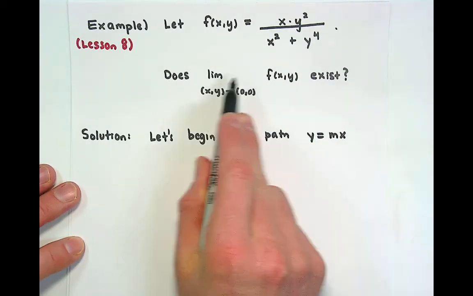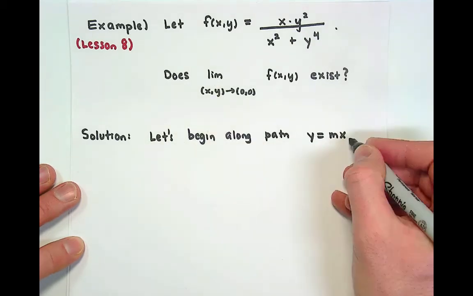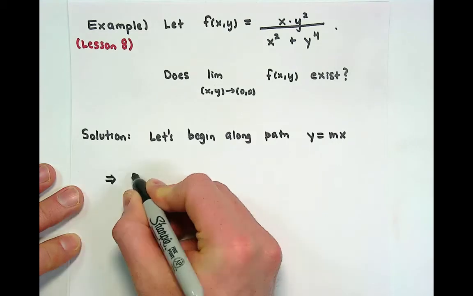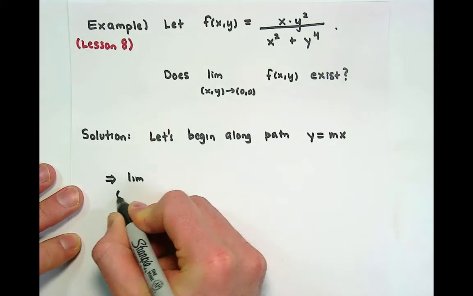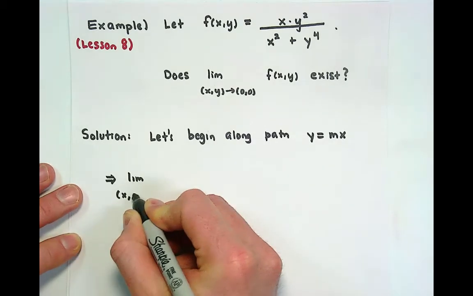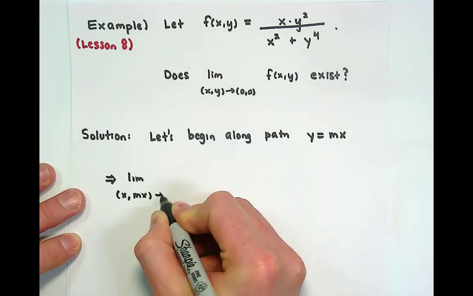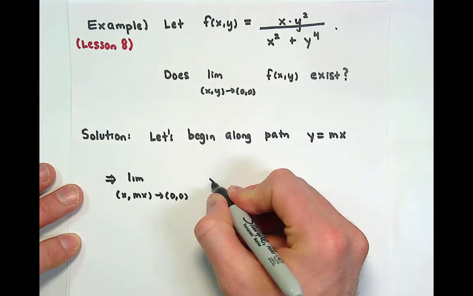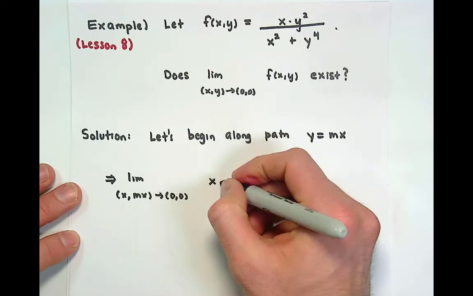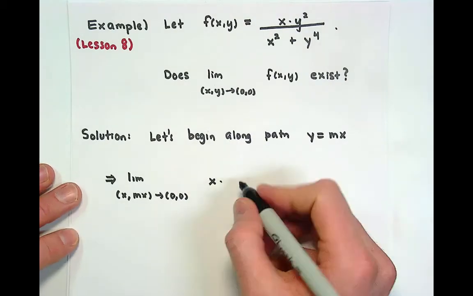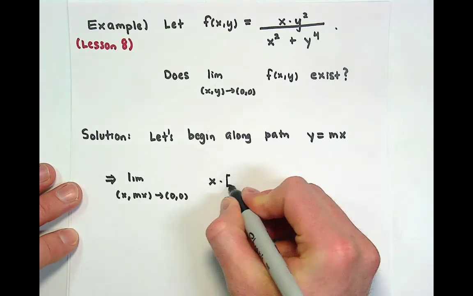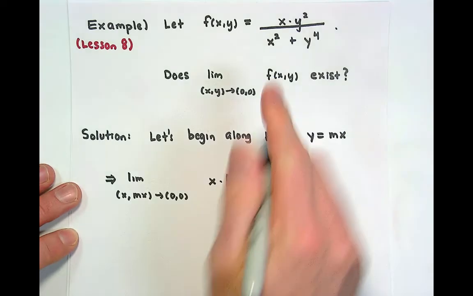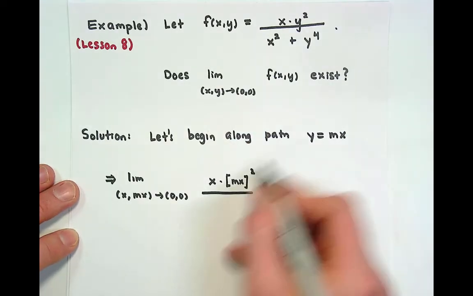So this one does go through the point (0, 0) for an arbitrary slope m, which implies when I look at the limit as (x, y) goes to (0, 0), this is going to be (x, mx) goes to (0, 0). Everywhere I see a y, I'm going to substitute in mx, because I'm saying that my y value is given by mx.